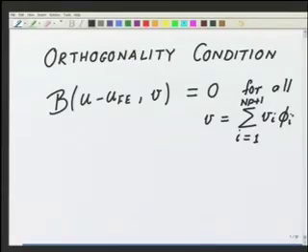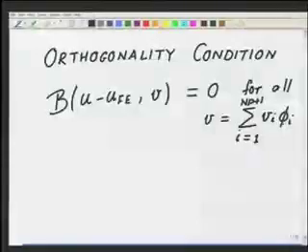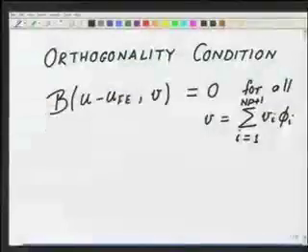That is, all v's which could be represented as a linear combination of our global basis functions that we have used for the approximation, and such that v also satisfies a geometric constraint, that is a geometric condition, for example, for the problem we have at x equal to 0, u is equal to 0, so v at 0 has to be also 0. For all such v's, this is true.